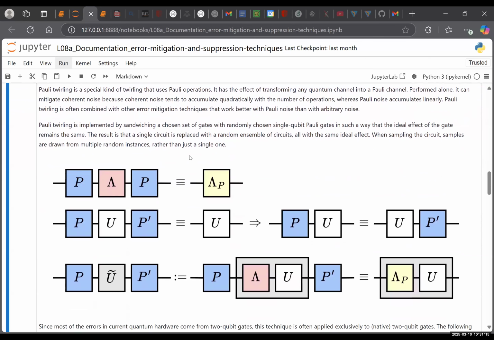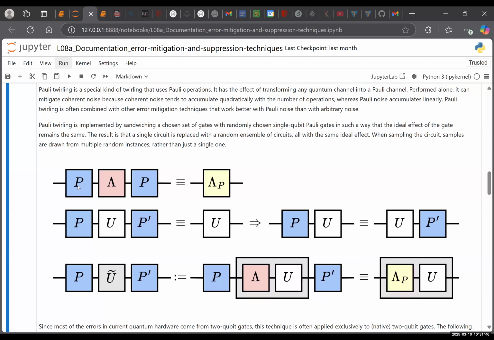You can see the example here. Lambda, you mean lambda? Oh yeah, sorry. Lambda is some channel, referring to some kind of channel or operation. Okay, so this is like sandwiching a set of gates, for example a set of U, with randomly chosen single-qubit Paulis.